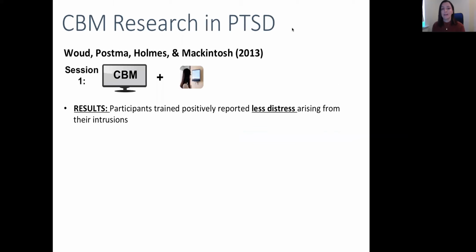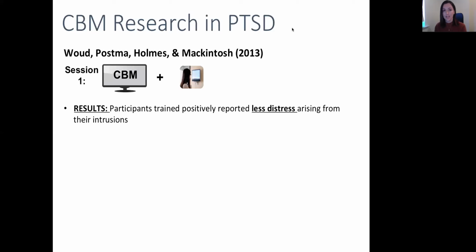They also replicated this study again, but instead of delivering the training immediately after the trauma film clips, they delivered it immediately prior to. So this is to also investigate whether training prior to trauma also helps prevent the onset and development of PTSD symptoms.